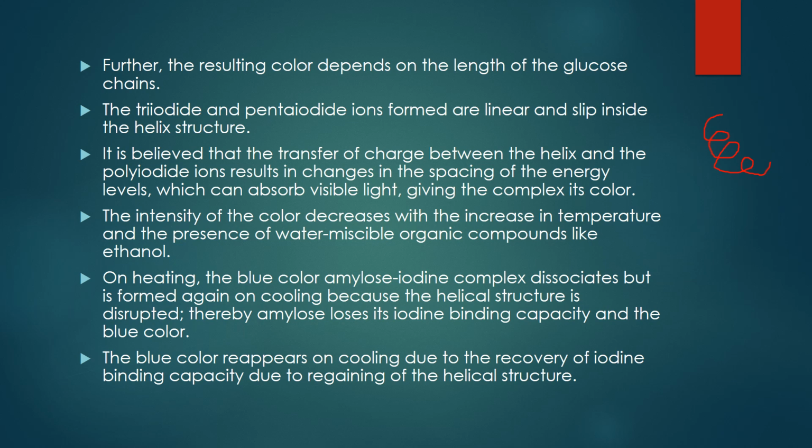So the polyiodide ions are formed linear, not branched, so they slip inside the helix structure. They are inside the helix structure.